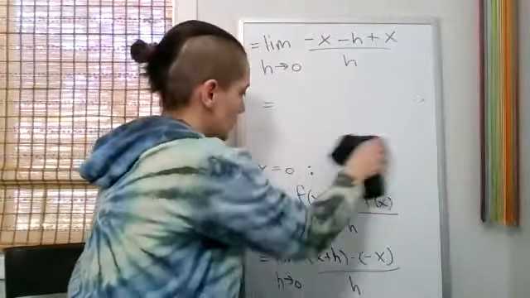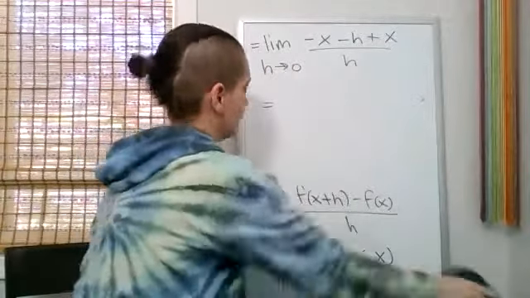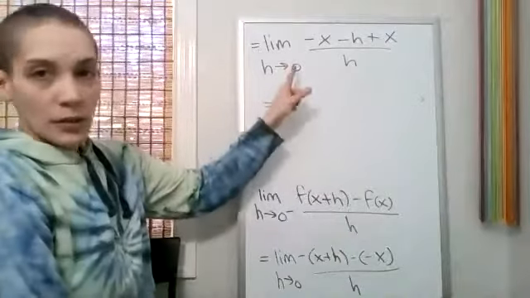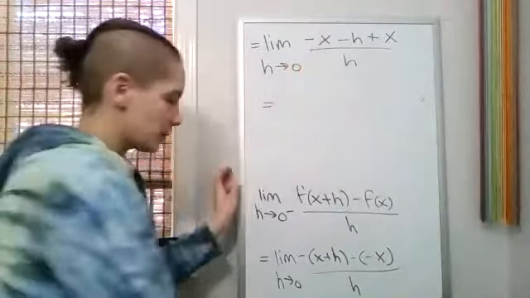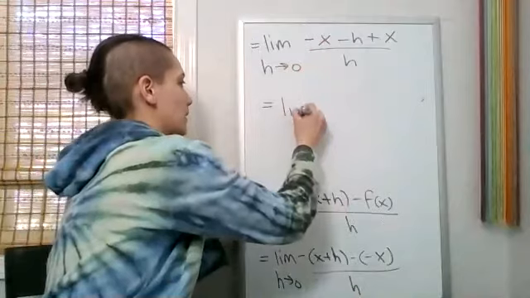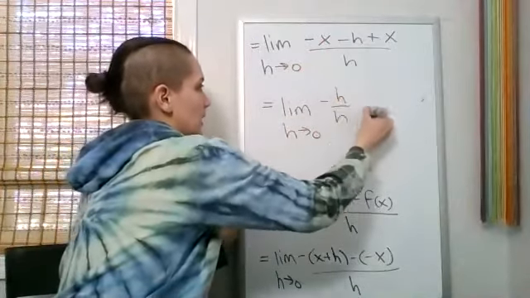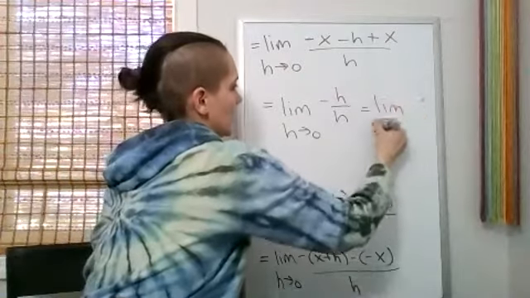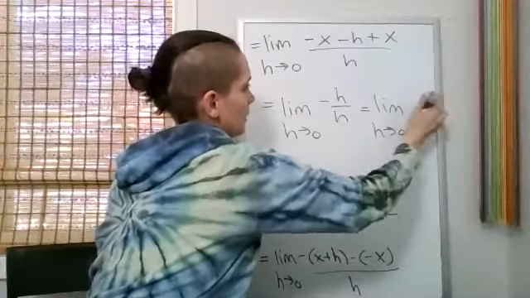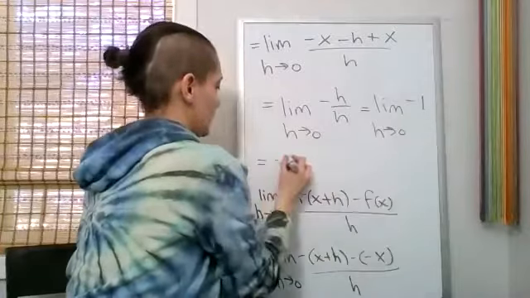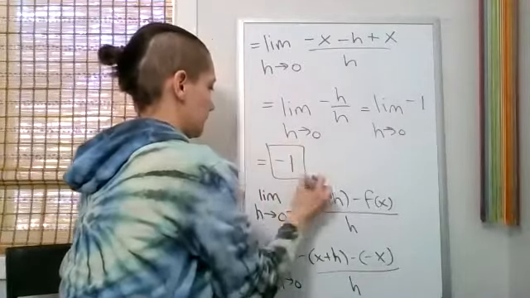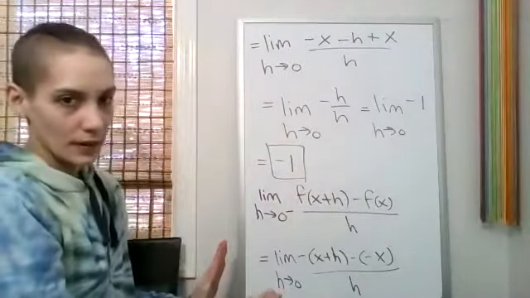Okay, we've got the limit as h goes to 0 of negative h over h, and that's the limit as h goes to 0 of negative 1.